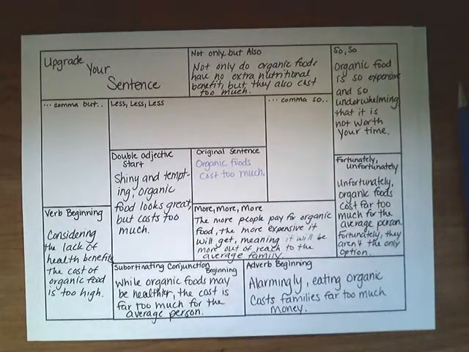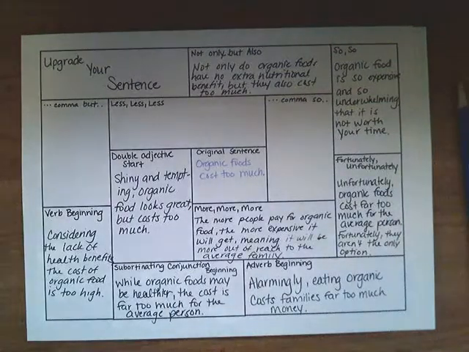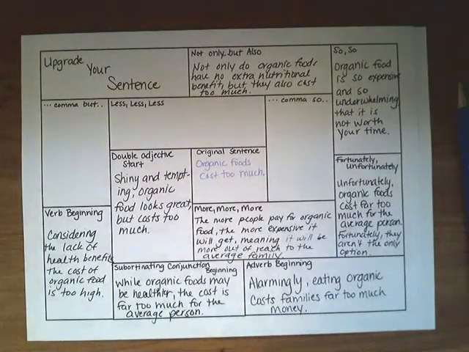And then what you do is go around this upgrade your sentence chart and you try to upgrade your sentence. You try to change the sentence so that it is fuller, maybe so that you say more with it, so that you change the length of it so that you're not saying all of these simple sentences over and over and over again.